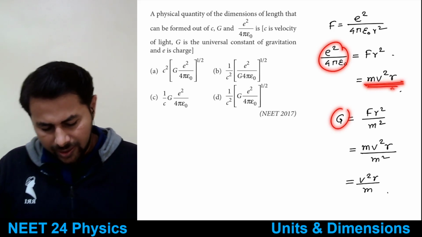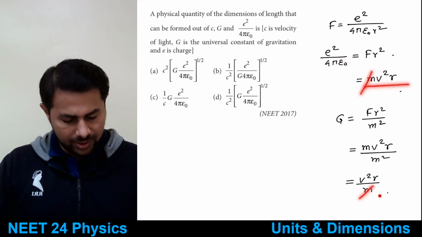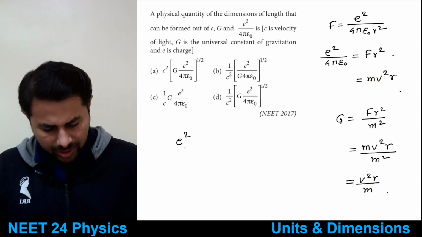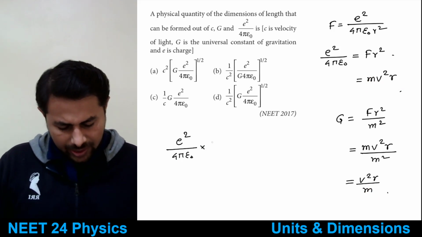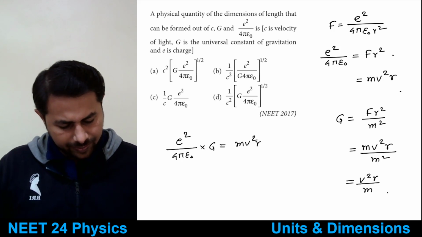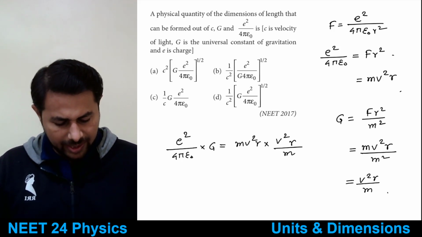Yeah, we can. If we multiply these two, then m and this divided by m, it will get cancelled out. Okay, so I will multiply e square by 4 pi epsilon naught multiplied by G. So what happens is you have mv square R multiplied by v square R divided by m.